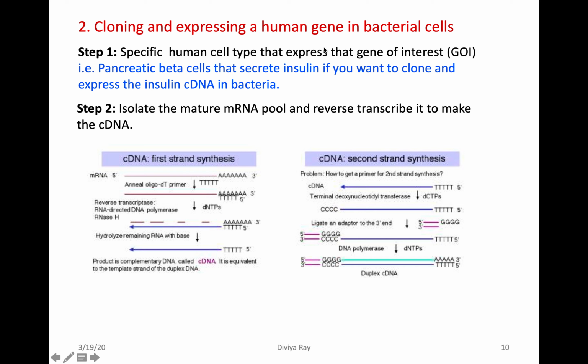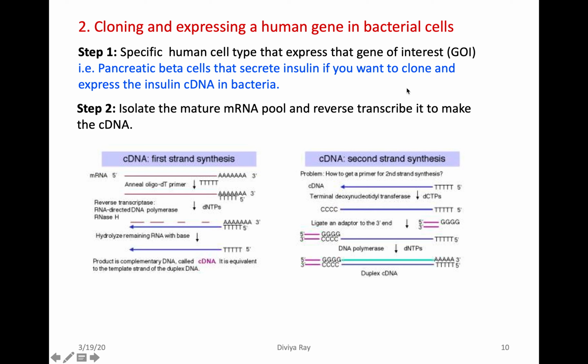So instead of cloning the whole gene, what you do is you go to a specific cell type and isolate the entire mature mRNA population from that cell type. So over here, as an example, if you want to clone and express the insulin gene, you start with the pancreatic beta cells that secrete insulin.